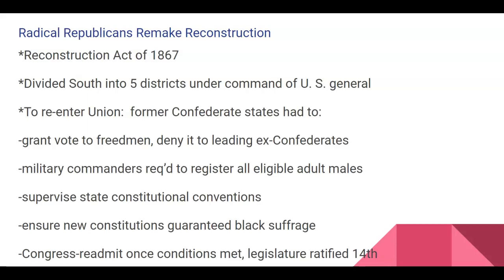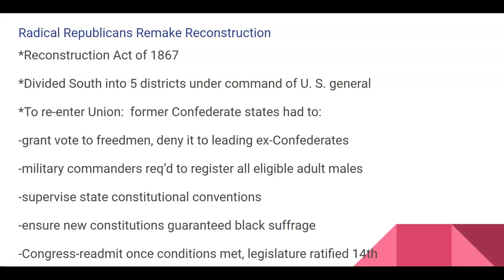required to register all eligible adult males because the South had been resisting allowing these adult males, these former slaves, to register to vote. And so radical Republicans came in and said, your military commanders are going to oversee all of this. So they oversaw the registration of every man who wanted to vote.